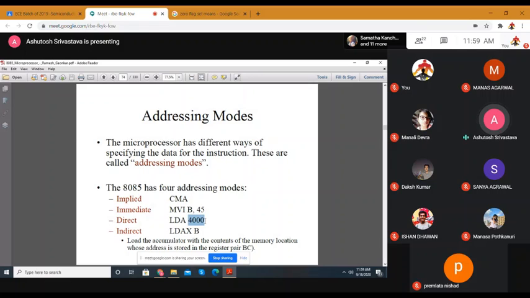And the contents of this particular memory address would be loaded into your accumulator. So this is not the direct form, but the indirect form. And generally, most of the time you use the H and L pair for identification of the external memory address.